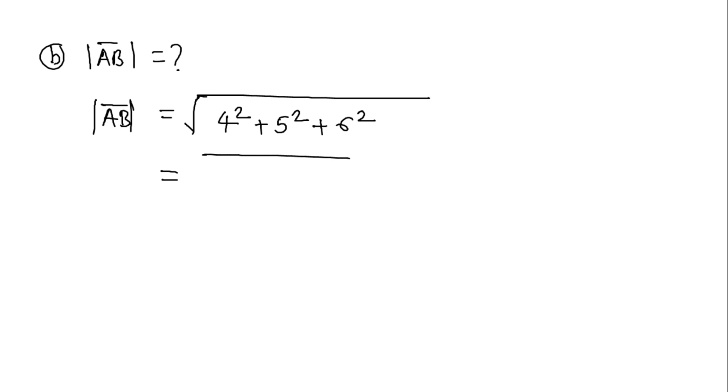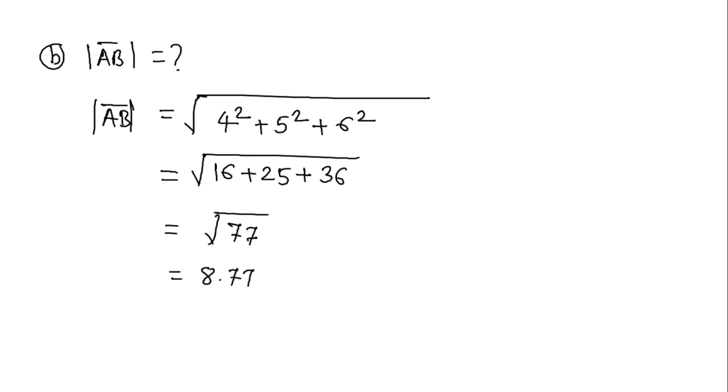Inside the square root, the three terms come to 16, which is 4 squared, plus 25, which is 5 squared, plus 36. This addition comes out to be 77, and the square root of 77 is 8.7750.